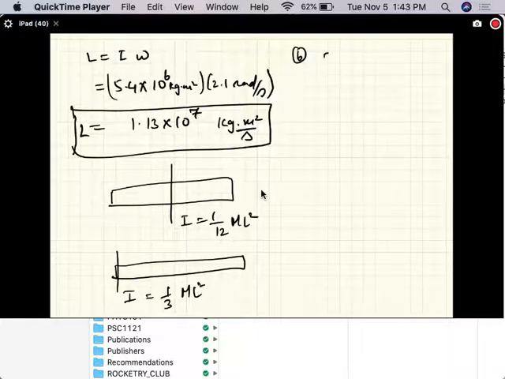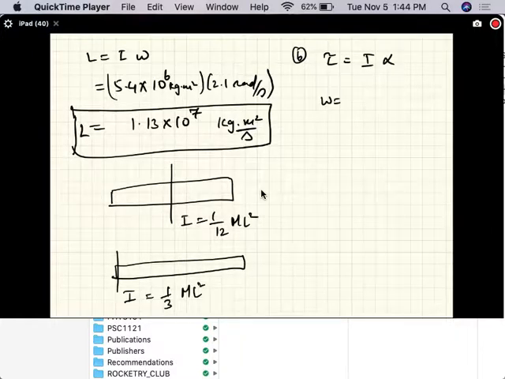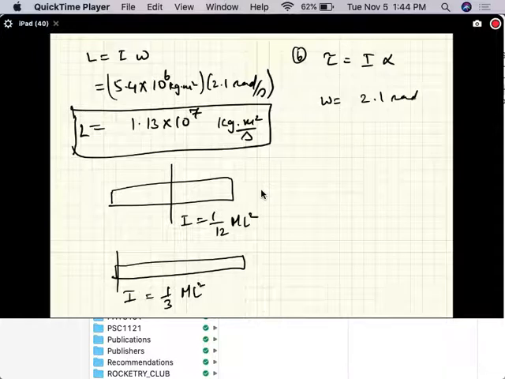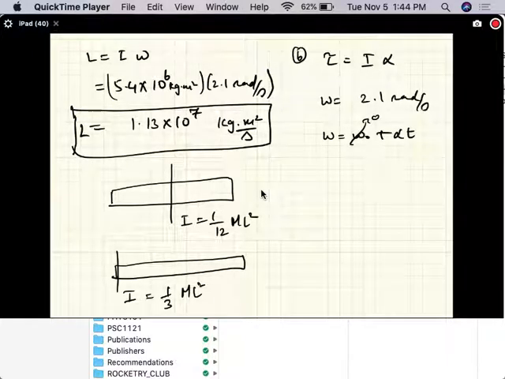And of course, torque is I times alpha, so we have to find alpha. And the final angular velocity was 2.1 radians per second. It started off at rest.